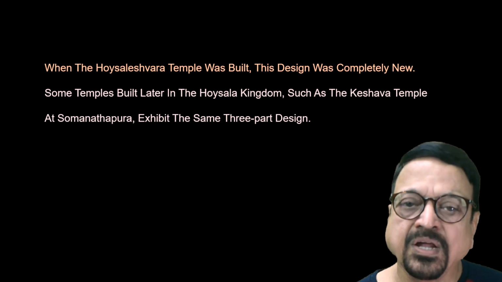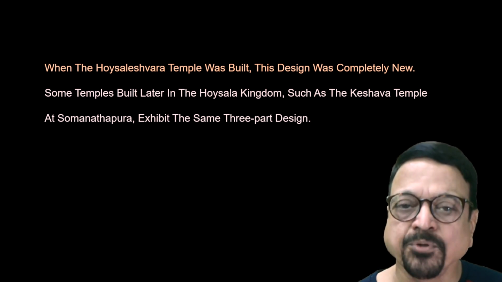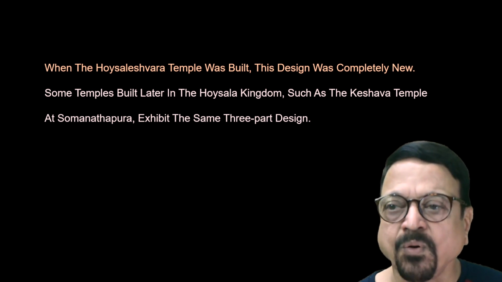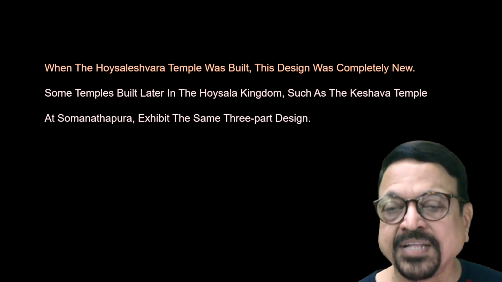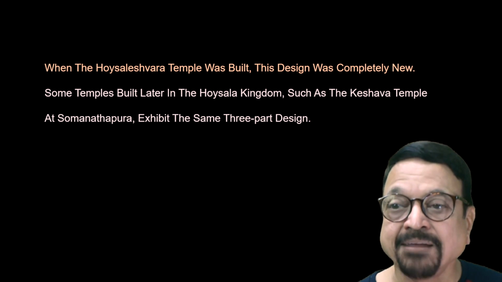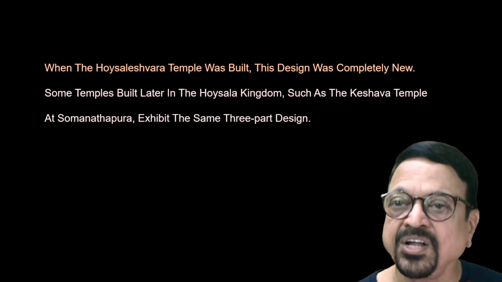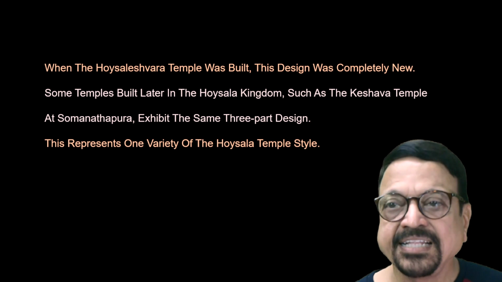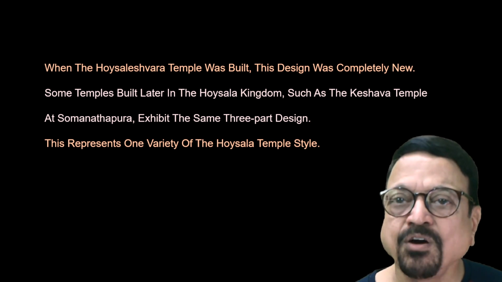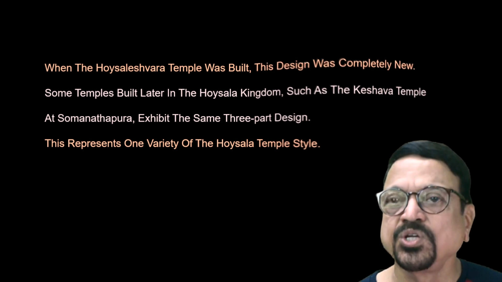Now Belur, Halebidu and Somanathapura, these three together are awarded UNESCO status. They are not only important for India, but important for the whole world. They became World Heritage sites. This represents one of the varieties of Hoysala temple styles.